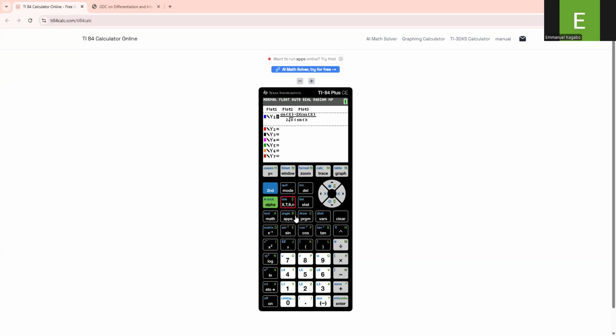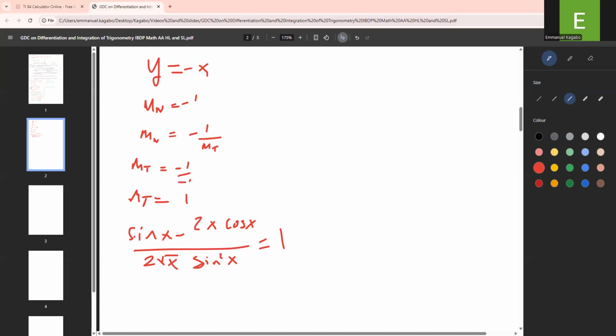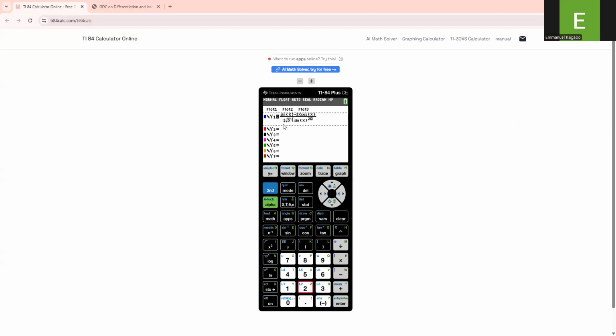Close the bracket, then you do power 2. I'm just checking if what I did is okay. Can we double check? What do we have? It was sine x minus 2x cos x over 2 square root of x sine squared. Let me check in my GDC.